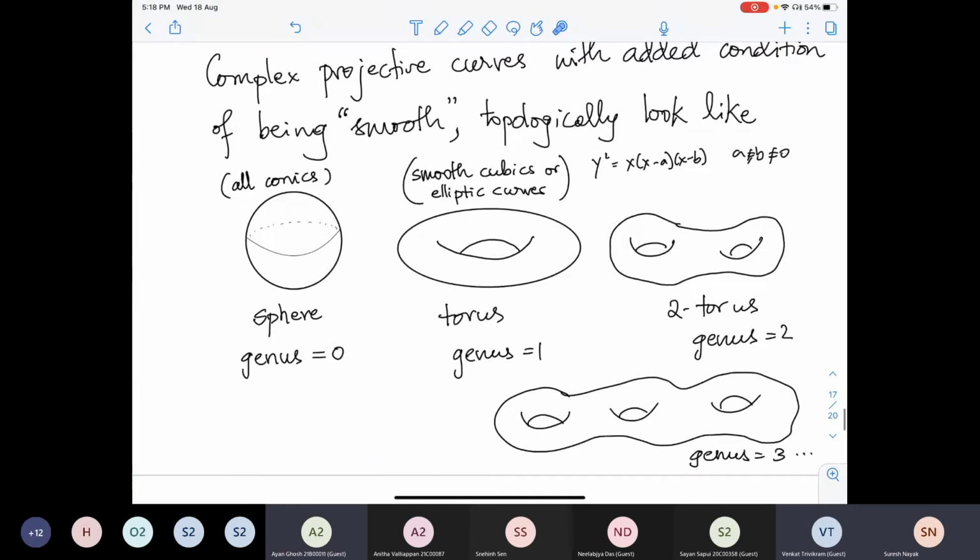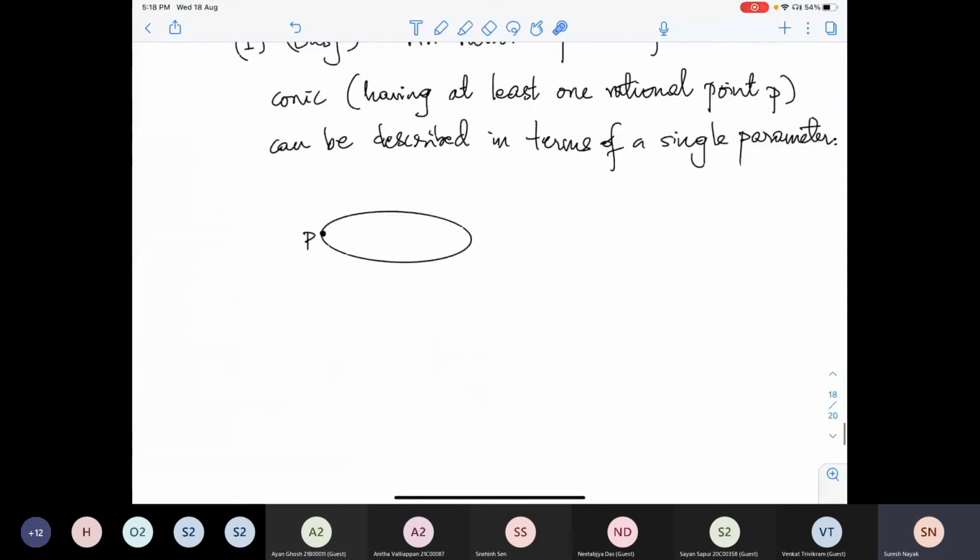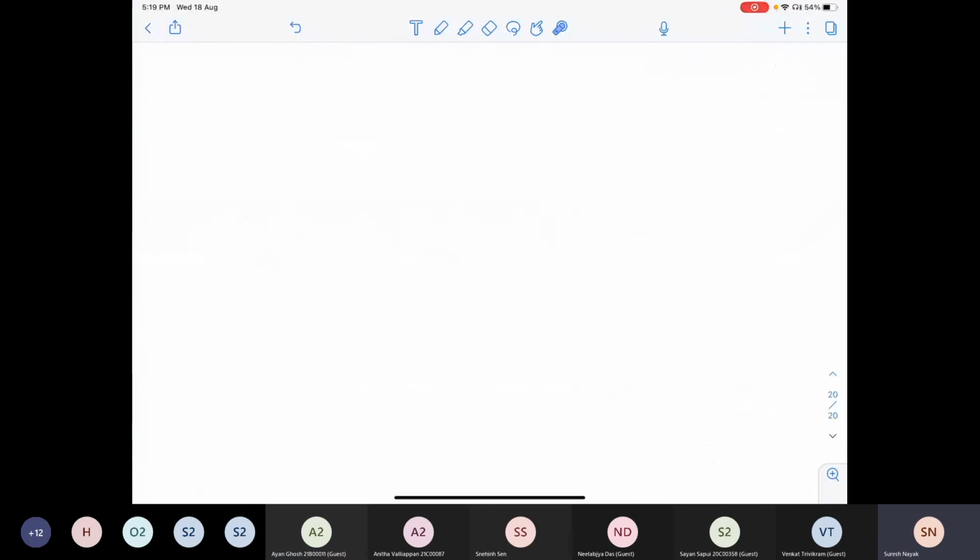Could you suggest some resources on algebraic geometry? If you want to read some basic introductory material on this, let me write some references here. I don't know if I can give you precise references, but I can suggest some from which you can figure out the actual references.